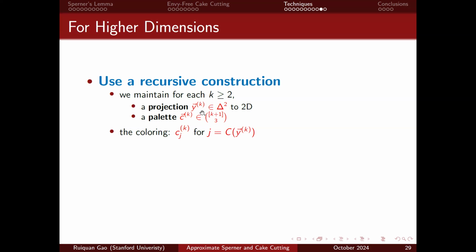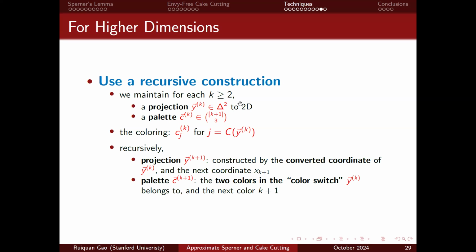For the instance, the color C(Y) in the palette is then the output color of the k-dimensional instance, where this C refers to the unmodified coloring in the base two-dimensional instance. To lift from a k-dimensional instance to a (k+1)-dimensional instance, we can similarly compute the converted coordinates and keep track of the colors inside the neighborhood of the color switch.